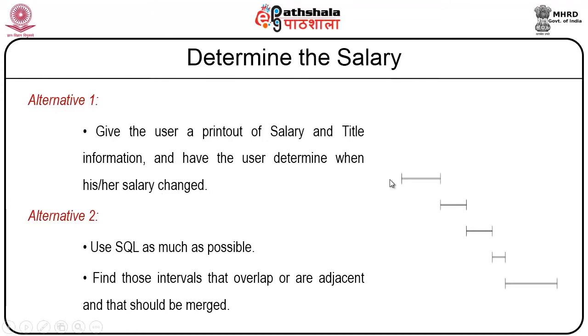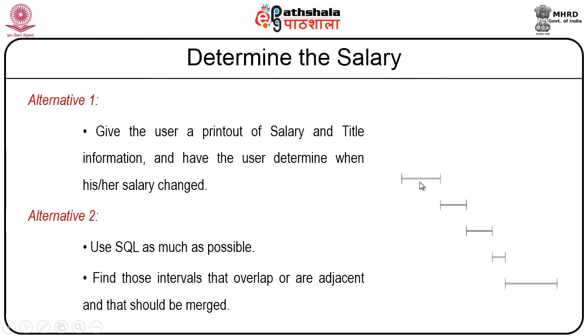This would have changed over a period in time, maybe between intervals the title, the designation, would have changed. So we can take the salary and title information and determine when the salary has actually changed, or we can use SQL as much as possible for finding the intervals that overlap or are adjacent and that could be merged.